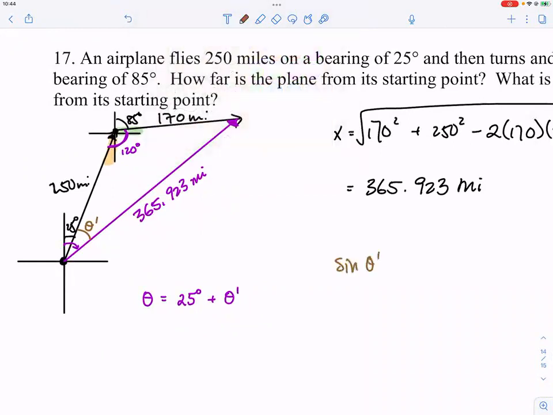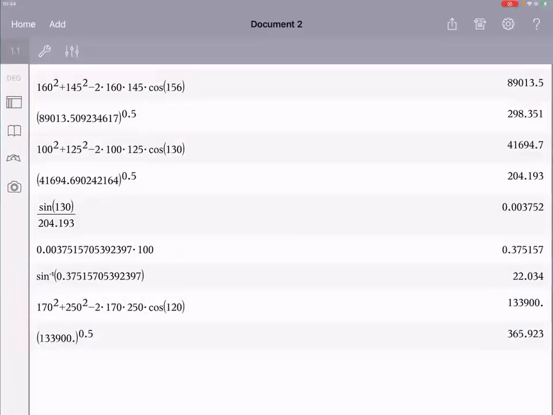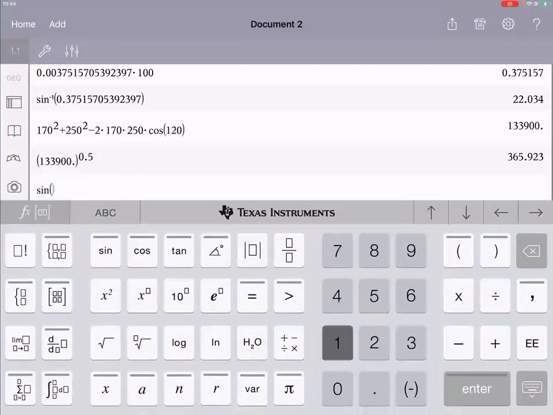So sine of theta prime over 170 miles is equal to sine of 120 degrees over 365.923 miles. All right, so let's find the angle. What's sine of 120?